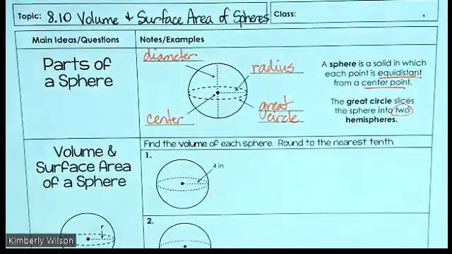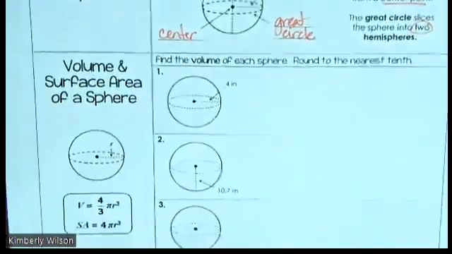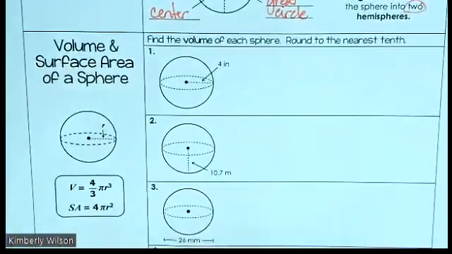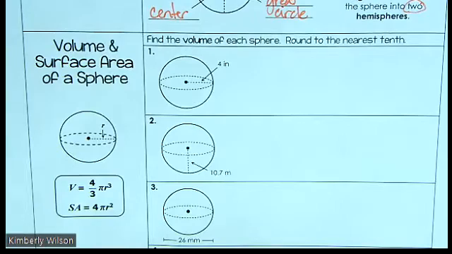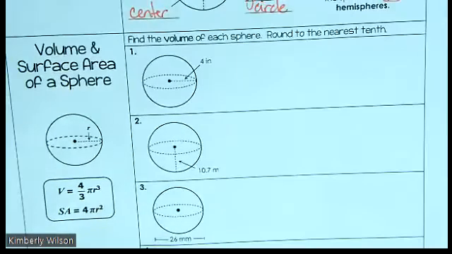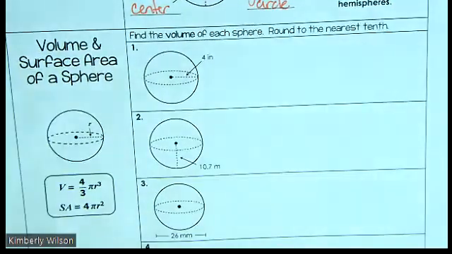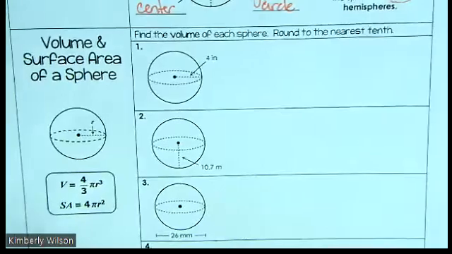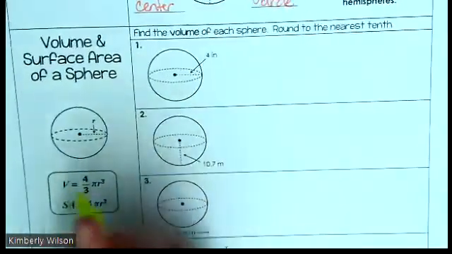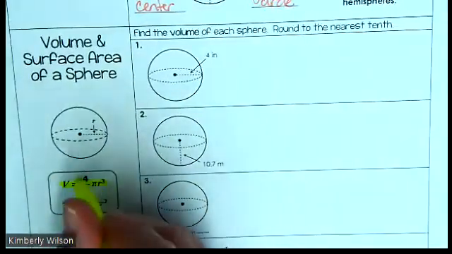All right, so now let's talk about finding the volume of the sphere. And we want to round to the nearest tenth, which means we plug in pi very last. Okay, well, our formula is 4/3 pi r cubed.